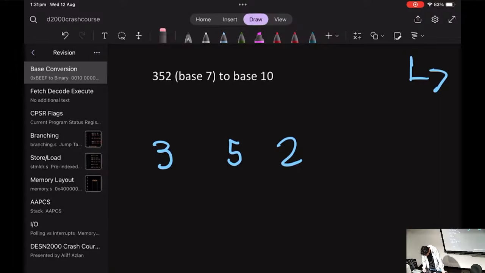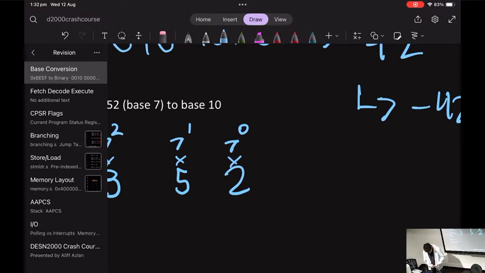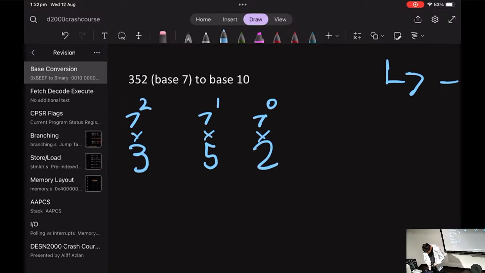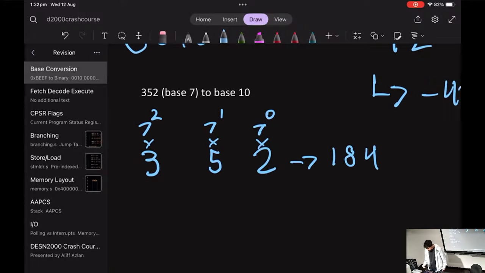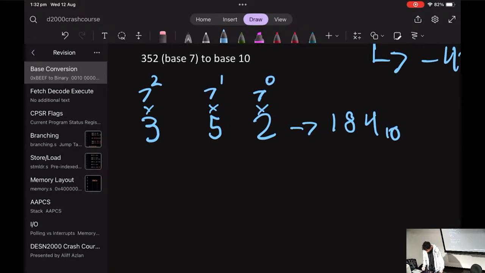For example, the first digit would be 7 to the power of 0, the second would be 7 to the power of 1, that would be 7 to the power of 2, and we just multiply our way through. So we have 49 times 3 plus 7 times 5 plus 2, and that looks about right. We have 184 in base 10.